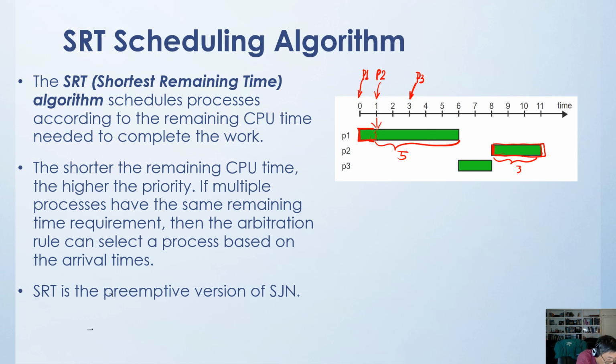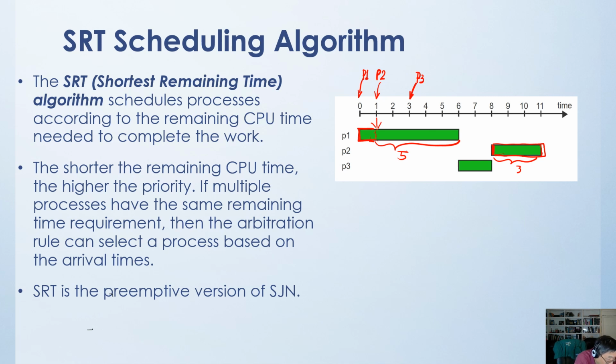So the remaining time for process 1 is still larger than the total CPU time for P2. So what if we just kick P1 out of the CPU and replace it with P2? Let P2 take the CPU. Do you think we're going to improve the performance? The guess is yes.